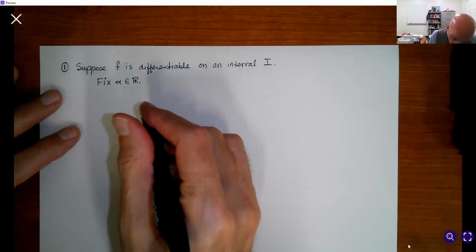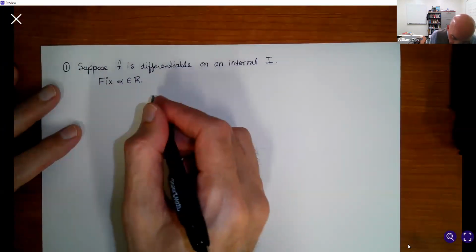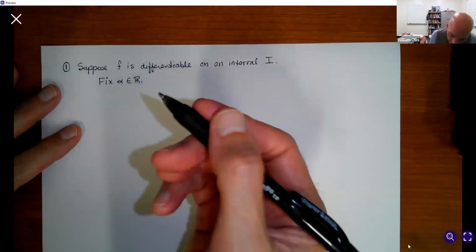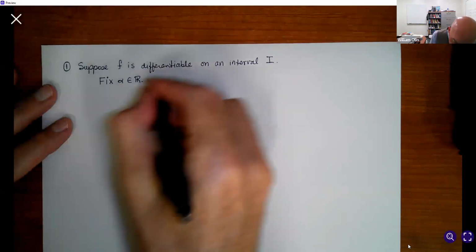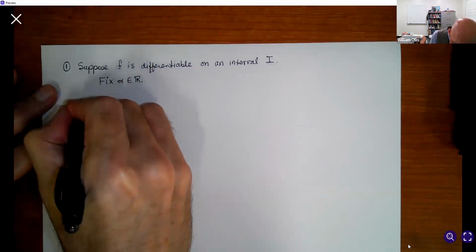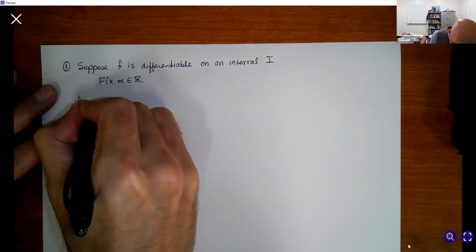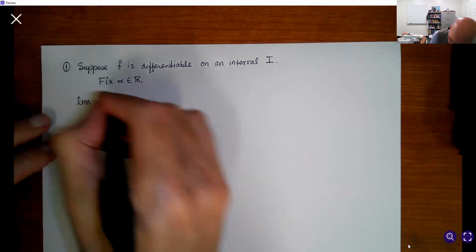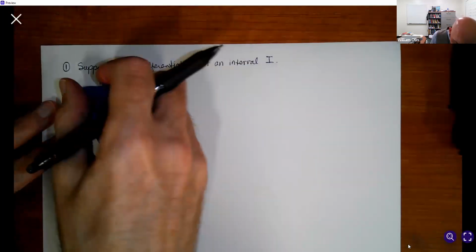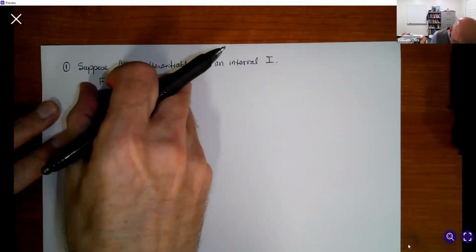So now when you look at this, you're thinking, okay, how am I going to compute the derivative of alpha times f? So now we'll say the limit, and let me not write this yet. Let me put the other idea there.